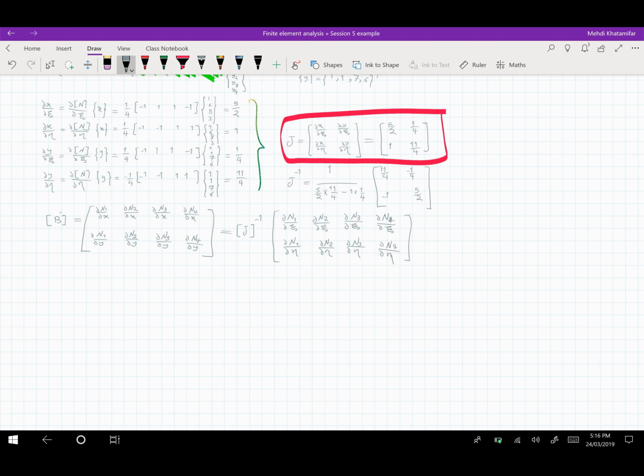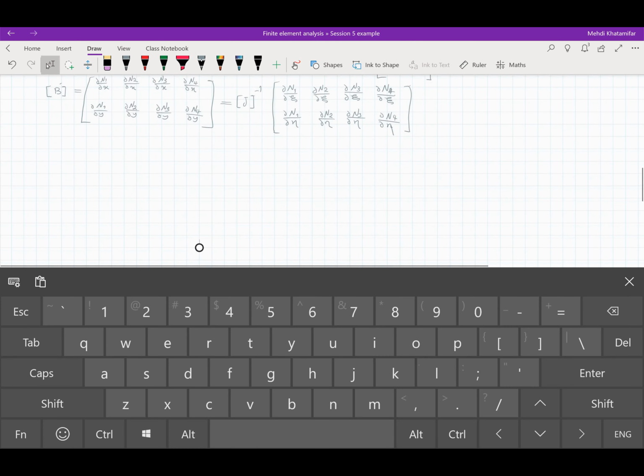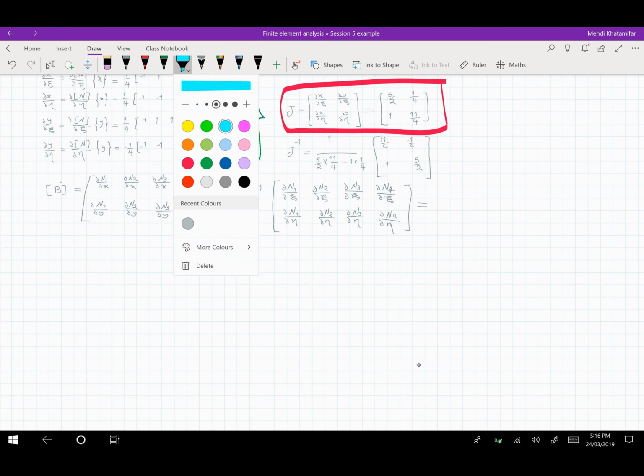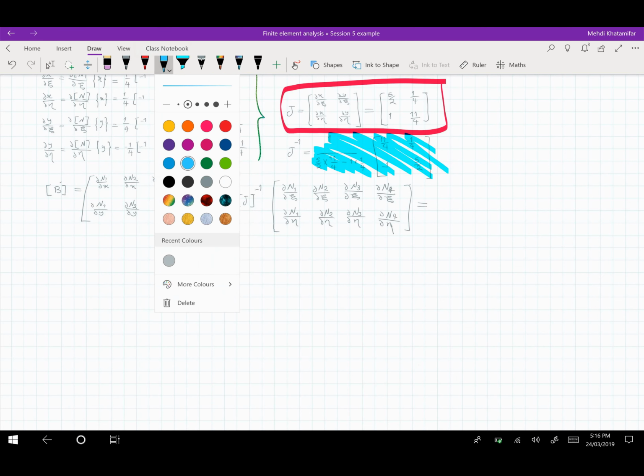This is our matrix. Let's put in the values. The inverse Jacobian matrix is this one, so I'm going to use that one. Let's use the same color as the highlight.